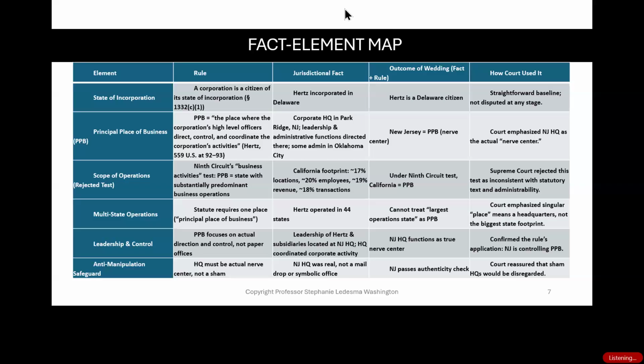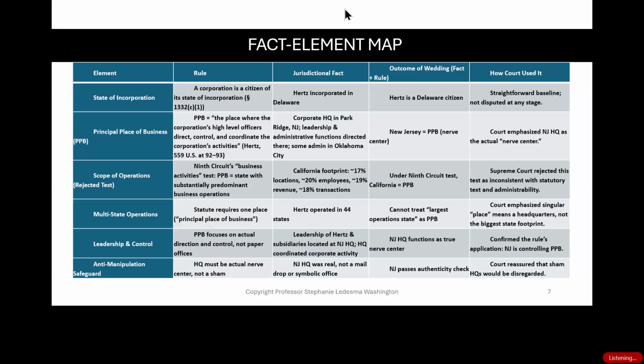The corporate headquarters, according to Hertz, is in New Jersey. Hertz said that their headquarters was in New Jersey because the leadership was in New Jersey. The direction for the company came from New Jersey. All of the hard decisions about the soul, the essence, the spirit of Hertz come out of New Jersey.